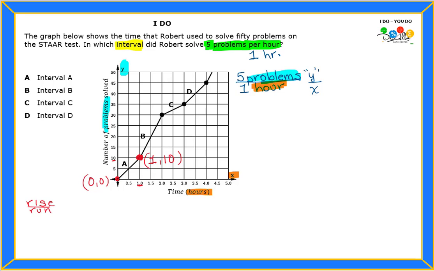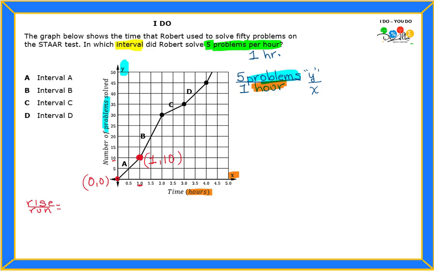If I'm gonna look at the problem from the rise over run point of view, first of all, I'm gonna check the intervals that I see on the Y and on the X. If you go from a 0 to a 5, it is 1 square, but it counts by 5. And that means 5 problems.